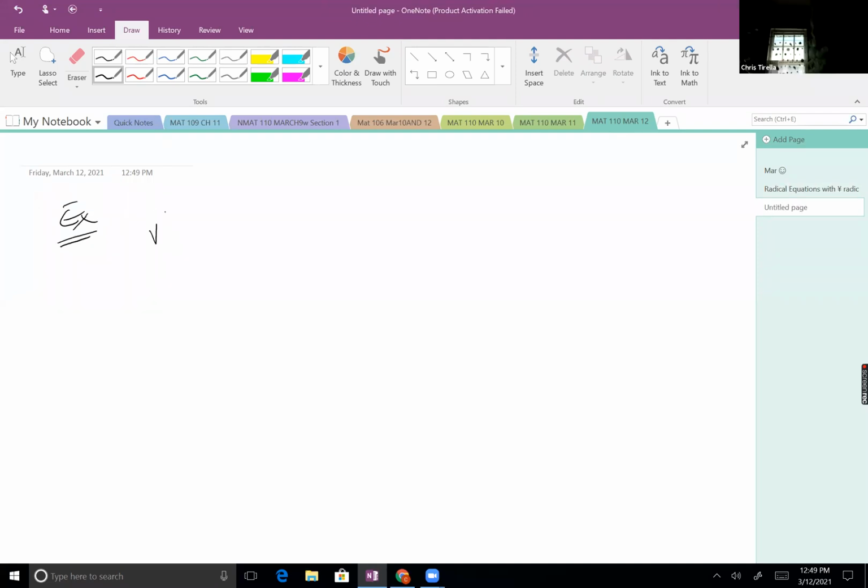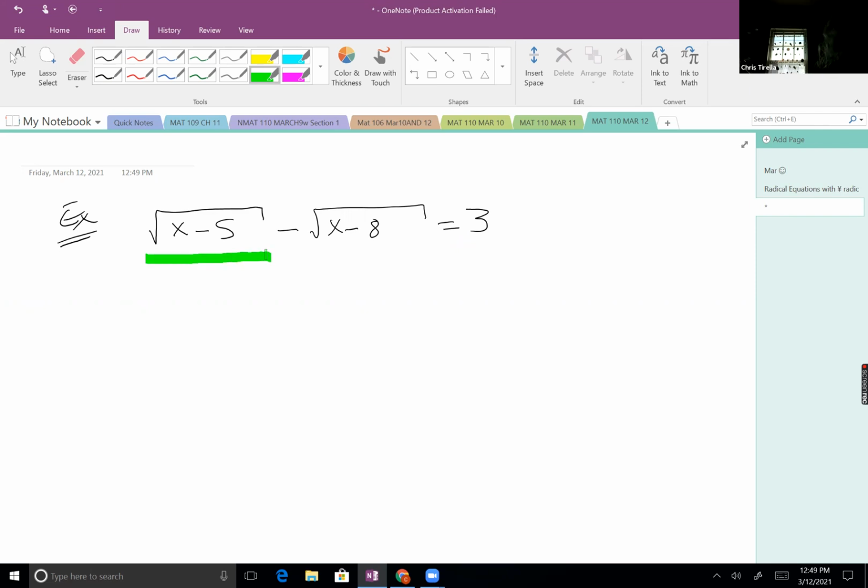So then our next example, let's say I have the square root of x minus 5 minus the square root of x minus 8 equals 3. Again, we've got two radicals on the same side. So the first thing that I want to do is isolate that first radical.